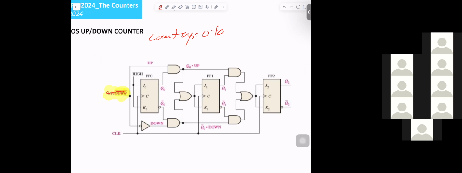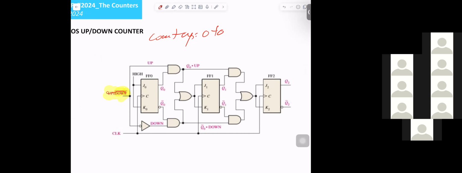Not 15. It counts up from 0 to 7. Exactly, 2 to the third power.